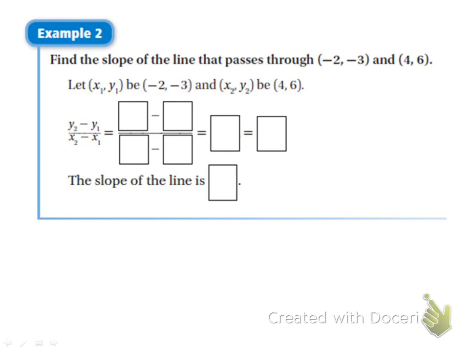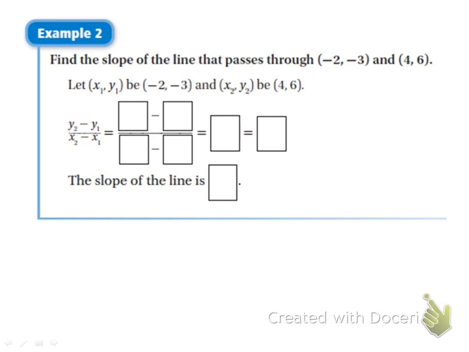Okay, let's look at example number 2. Find the slope of a line that passes through -2, -3, and 4, 6. So we're going to do what I was explaining, just like in example number 1. We're going to do y2 minus y1 over x2 minus x1. So we're going to label these.